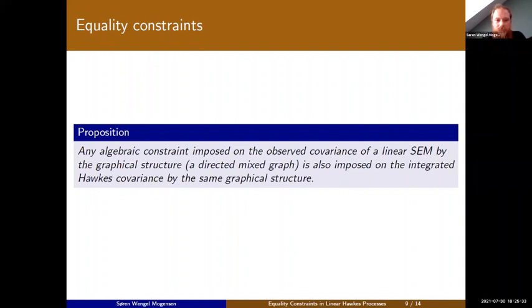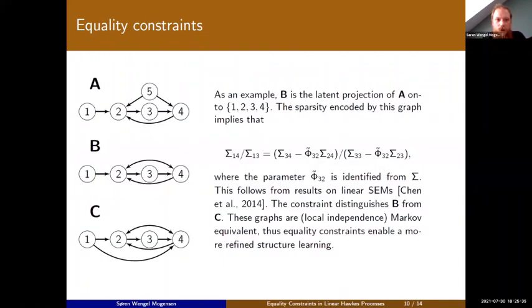Okay, so let's take an example of this. Again, in A, I have this fully observed system, but let's say that again, the process 5 is not observed, and I get the latent projection in B. So this graphical structure imposes a constraint on the observable quantity, the sigma matrix, and the constraint is on the slide. And this normalized parameter phi tilde 3,2 is identified.